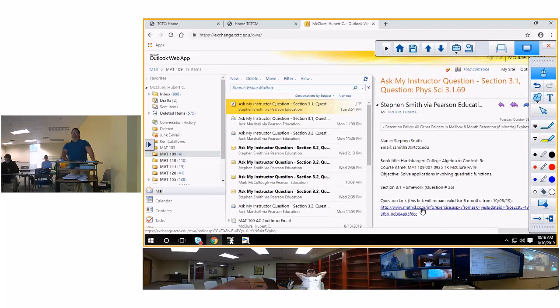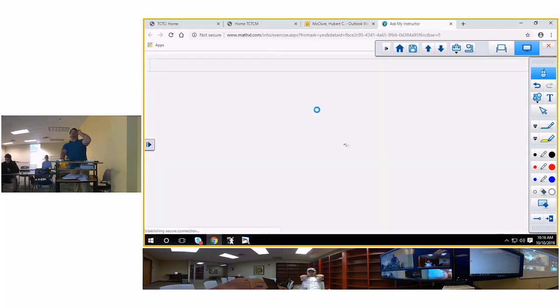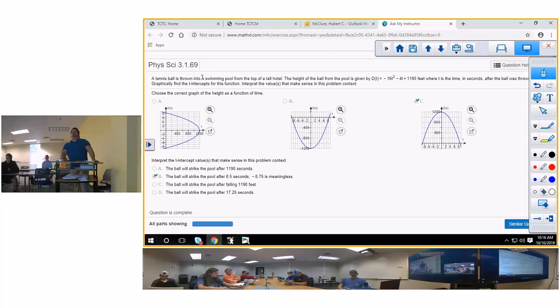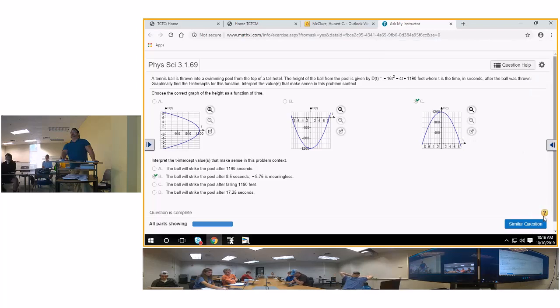Okay. Yep. Next, 26. A tennis ball is thrown into a swimming pool from the top of a tall hotel. So the dog's gonna jump in and get it. I don't know. Okay. Well, first of all, it's not A because that's a hyperbola. That's not going to work.